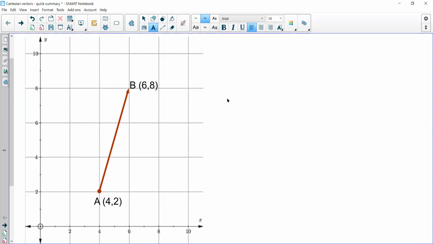Component form is kind of a shortcut to talk about how you would move using vectors to go from A to B. The logic is basically how many units to move horizontally and how many units vertically to go from A to B. Using the Cartesian plane, it's very straightforward.